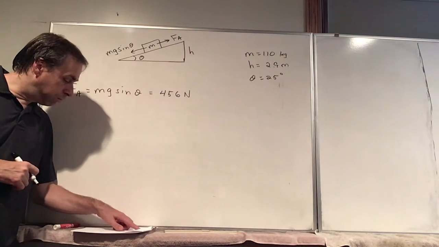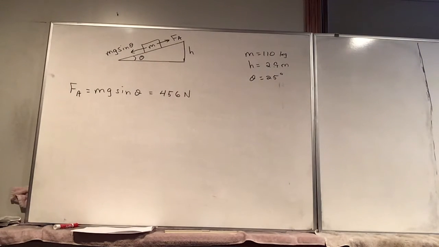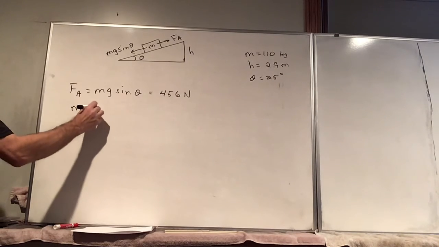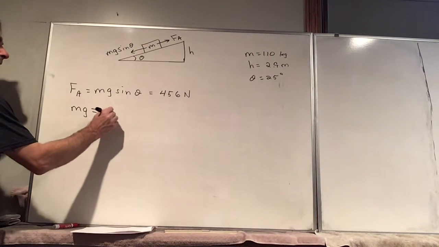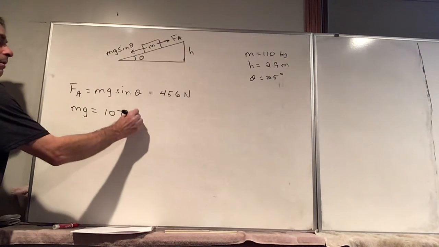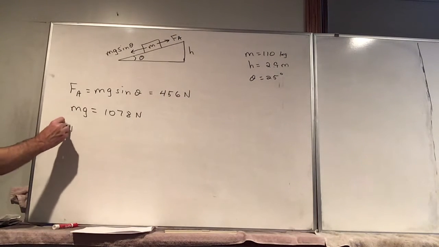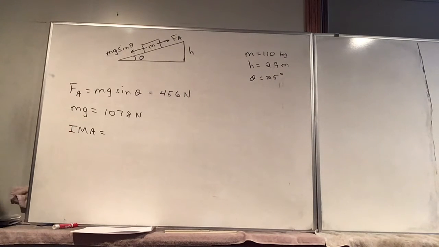What is the ideal mechanical advantage? So let's just calculate the weight, which is mg, which is 1,078 newtons. Yeah, 110 times 9.8. And so the ideal mechanical advantage, that's what we're calculating because we're ignoring friction.